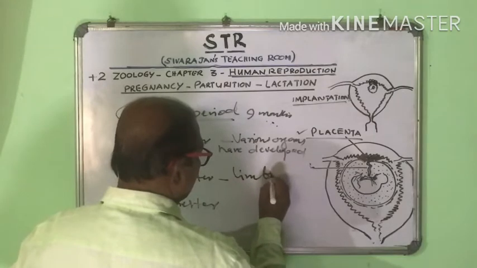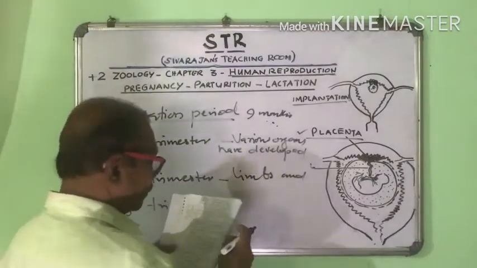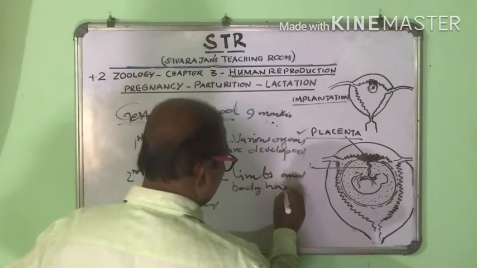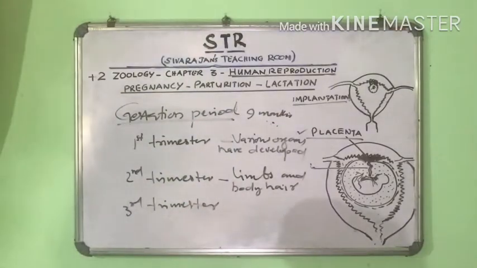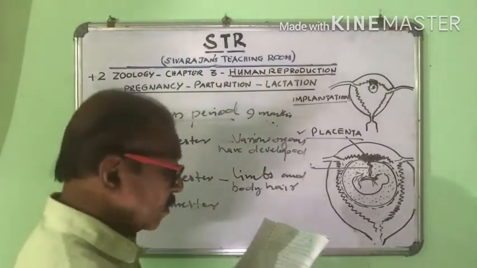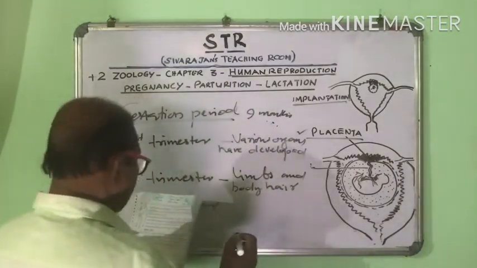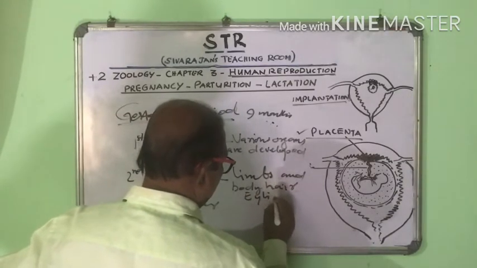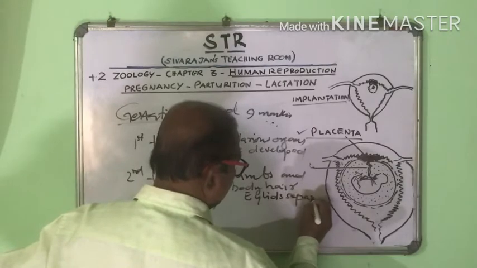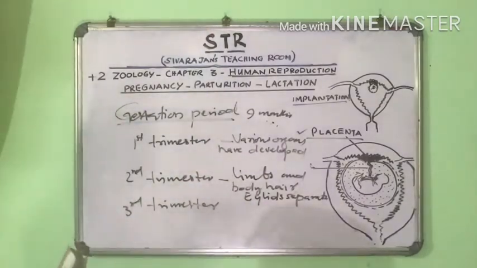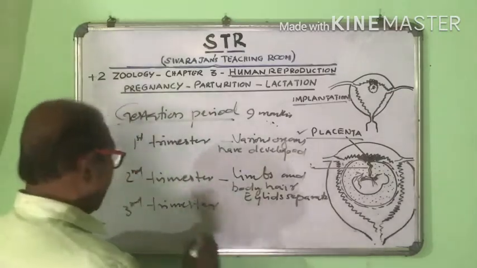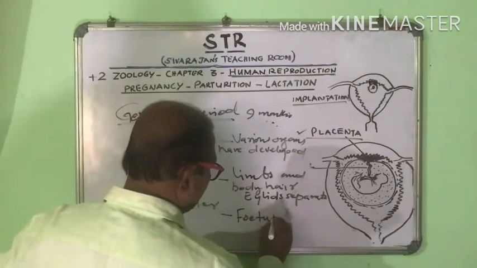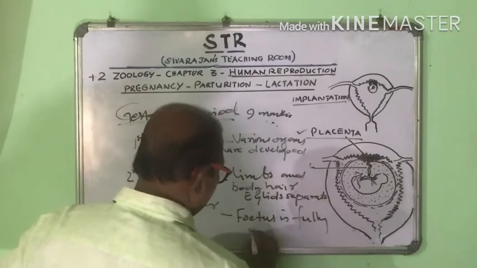Limbs and body hair, and the eyelids separate, etc. At the third trimester, the fetus is fully developed.